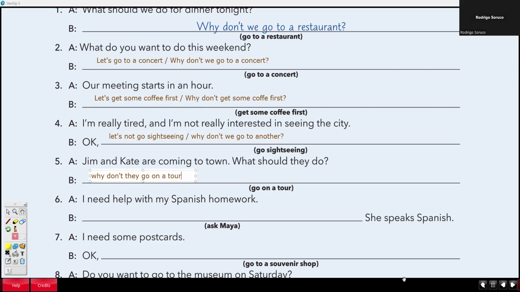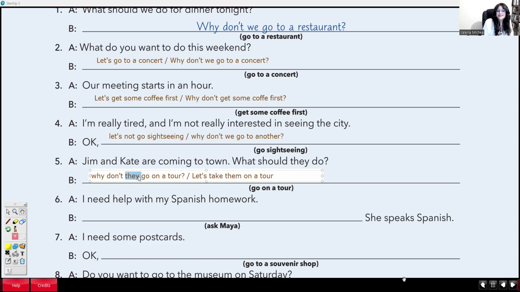Let's take them on a tour. Oh, even more creative here. Yeah, that's possible. But you couldn't say let's go on a tour because you are talking about them. You are not included. So that's why you have to use them or they, depending on the context.